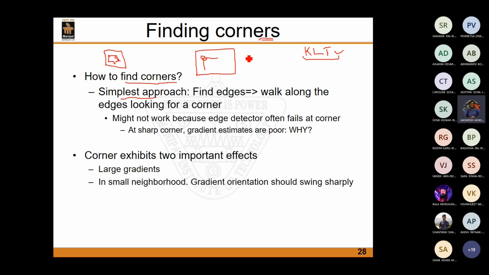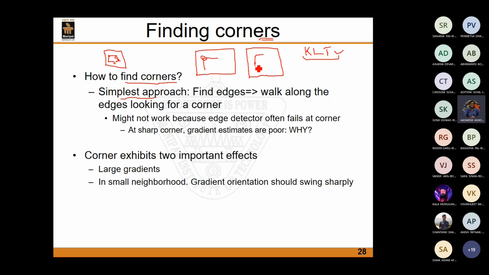So instead of getting a sharp edge, because of the smoothing operation, you might get a kind of curved edge over here. When you have this curved edge, there is no sudden change in the gradient direction. Rather, there is a gradual change from one direction to the other.